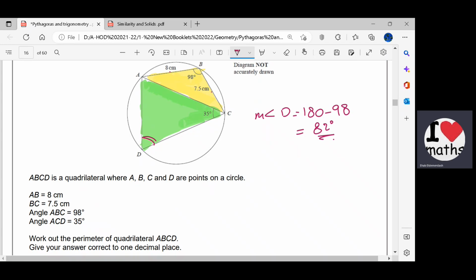I will look at the question, there are two triangles, so my first mission is to find the common side. Which is the common side here? AC.